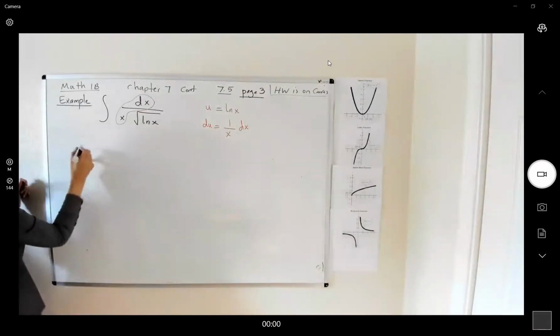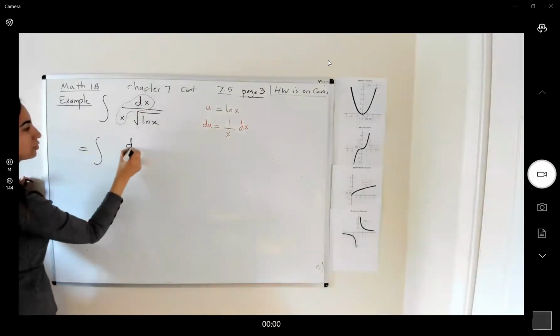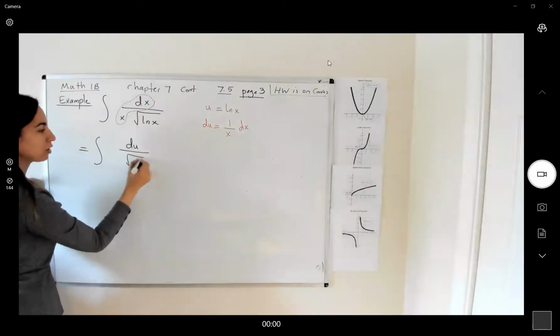This integral can be written as integral of du divided by square root of u.